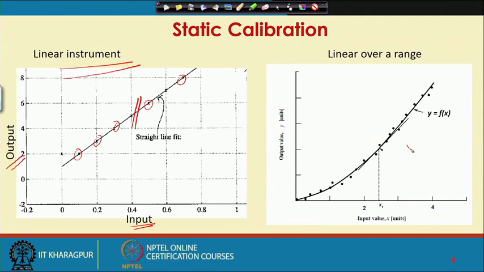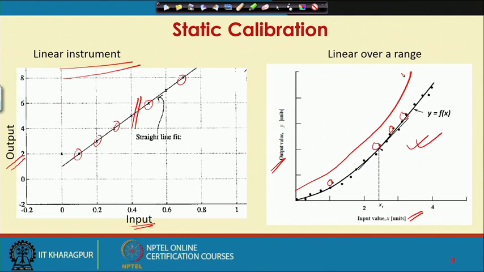Let us think of another instrument. These filled circles are experimental points, and you see that you cannot exactly draw a straight line between these input values and output values, but a slightly nonlinear curve is fitted.